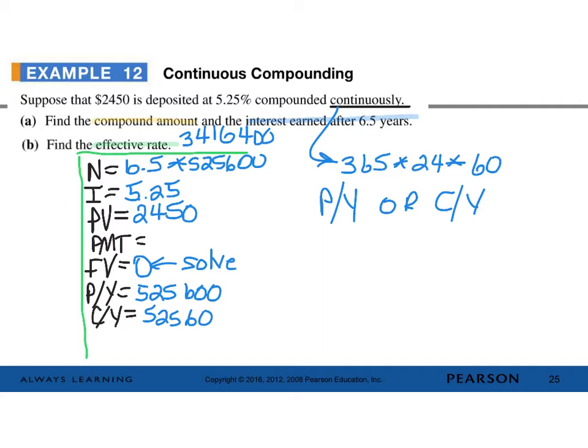So then when we solve for the future value, the amount that we get is $3,446.43.